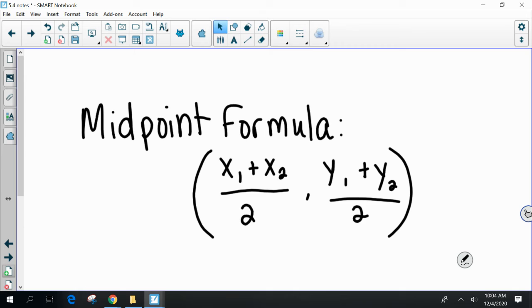So we're going to use this to calculate the midpoint between two coordinates. If it's a vertical or horizontal line, you could count the midpoint with your boxes. But if it's a diagonal, you can't do that. So that's when we would use this midpoint formula.